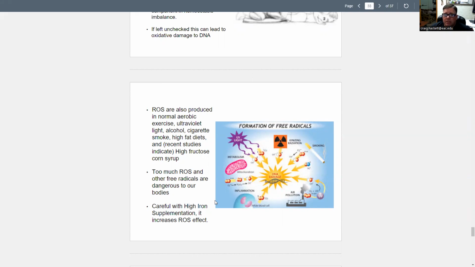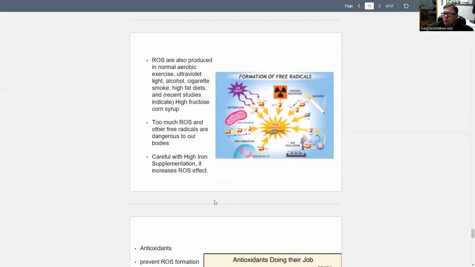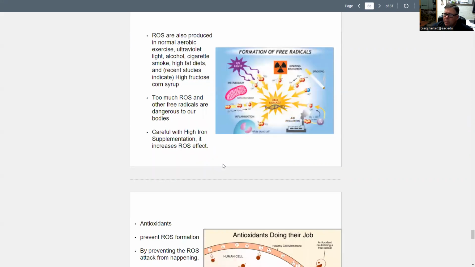In other words, you're out in the sun too much, alcohol, cigarettes, high-fat diets, and in recent studies, we looked at high fructose corn syrup as a cause to increase ROS, which is a free radical. Too much ROS is really bad for our bodies, so we've got to really be careful. Once again, taking a supplement of vitamins and minerals or eating a good wholesome diet with plenty of fruits and vegetables is really, really good.